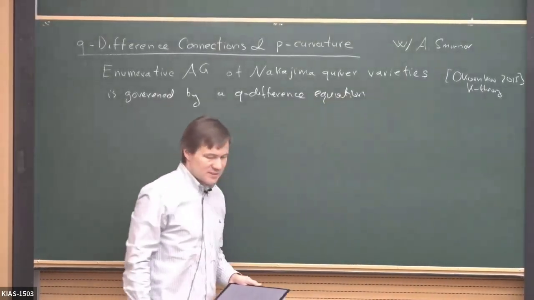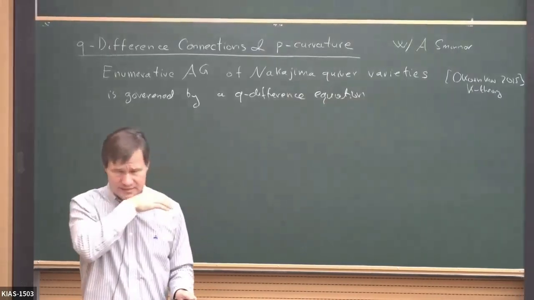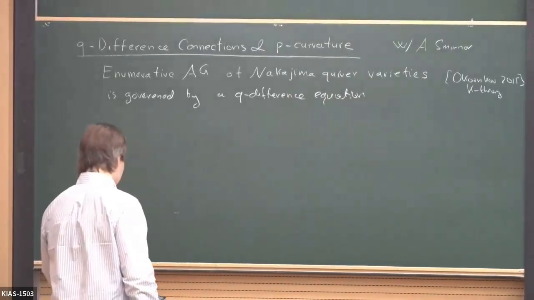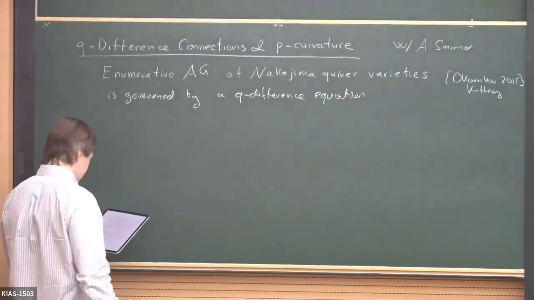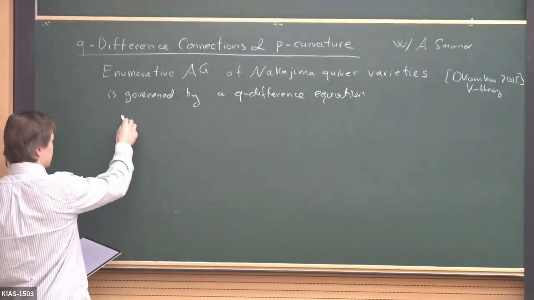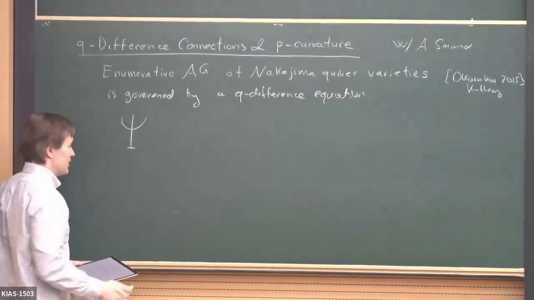There should always be some kind of master equation, and in this story there are several. The one relevant to us looks like this. I'm going to write it down, and then I'm going to explain.